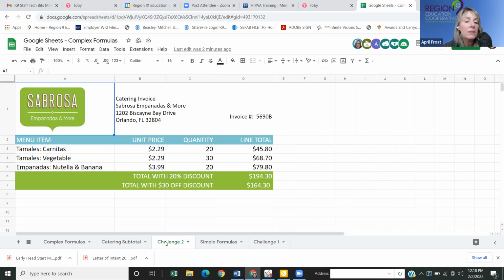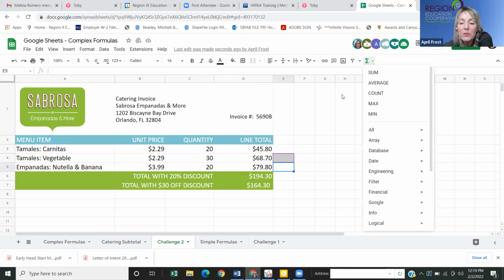I want to compare a difference between 20% off and 30% off. So $30 off, 20% off, or $30 off. Did it say $30 or 30%? It says $30. Okay. Yep, $30. Ooh, good catch, Carmen. Good catch. Okay. So if we were going to do this, what would be the first thing that I would need to do?